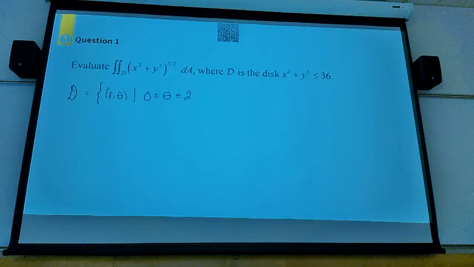By the way, that's not the only correct answer. Could have gone pi over 2 to 5 pi over 2. And any interval that is a length of 2 pi would work. This is just the standard 0 to 2 pi, so that's what we're going to stick with. What about the radius, r?